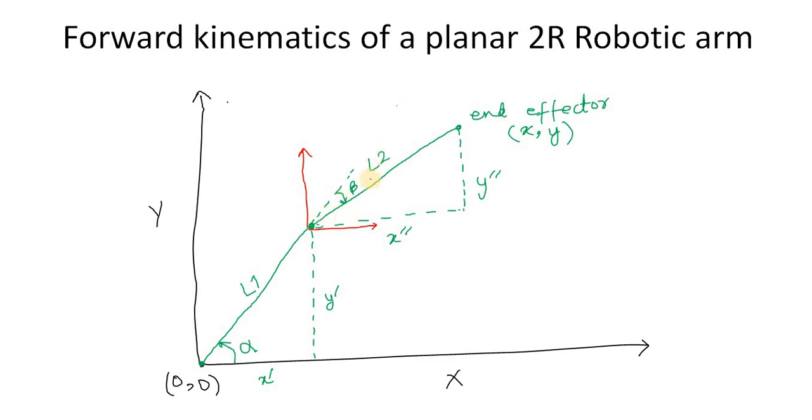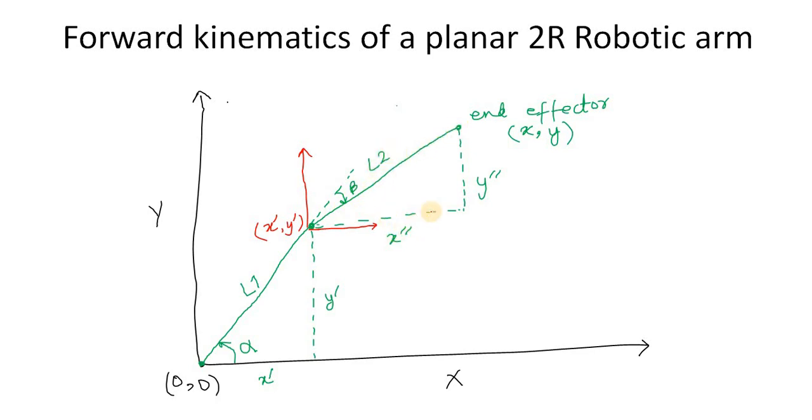So we have a triangle here having this point, which we call x dash, y dash, the origin of this reference frame. And then we have this L2, the main line, which is known.